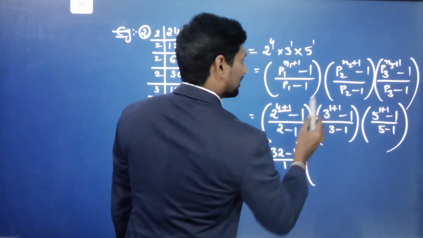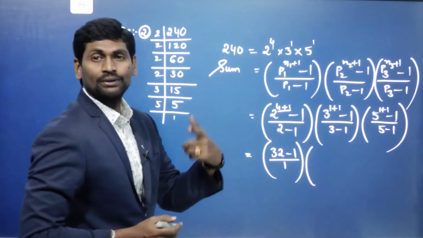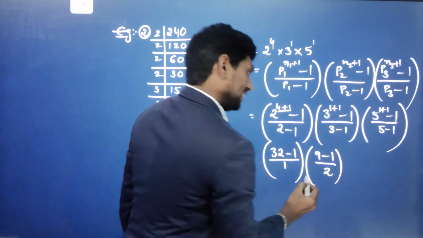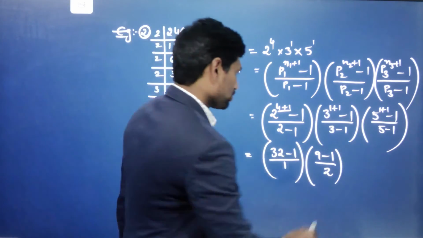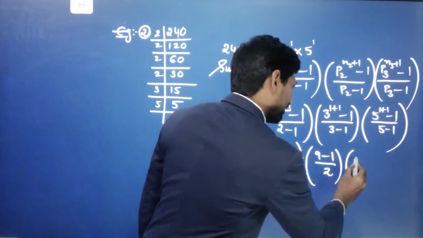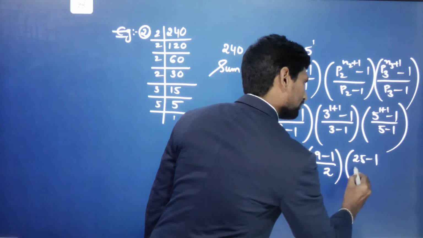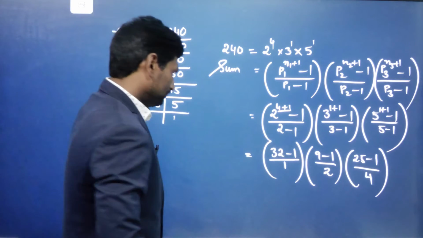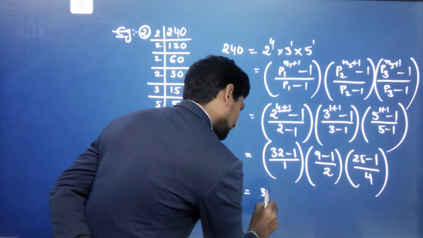Now 3 power 1 plus 1 is 2, that means 3 power 2, 3 into 3 is 9. 9 minus 1 by 3 minus 1 is 2. Next 5 power 1 plus 1 is 2, that means 5 square, value 25. 25 minus 1 is 24 by 4. This one is 31.